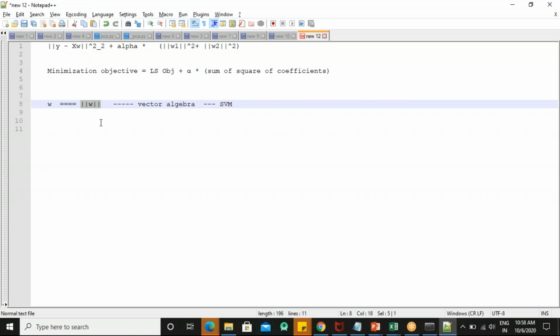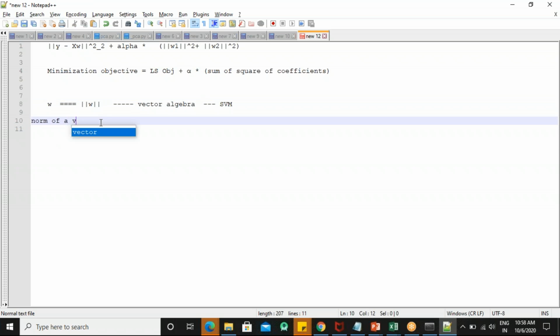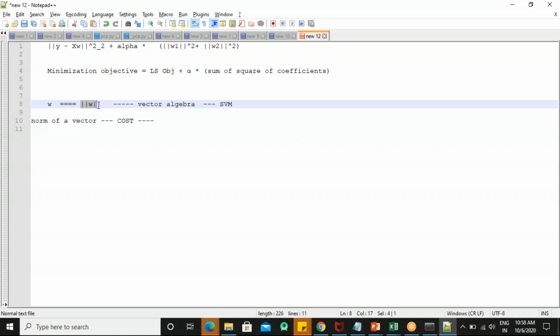This thing, guys, is known as the norm of a vector. If you have seen the cost function for a support vector machine, the cost function for SVM also uses this.